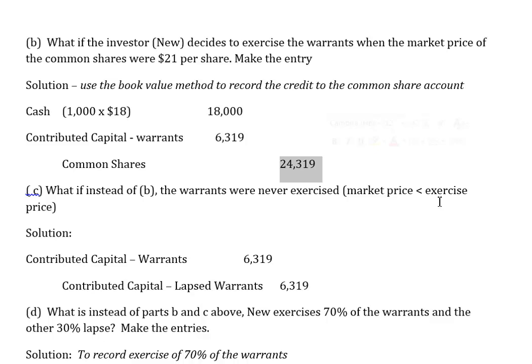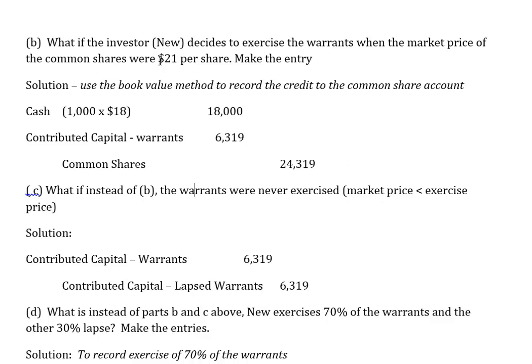Now, what if instead of Part B, let's say that the warrants were never exercised, right? So that must mean that the market price never got above the exercise price.